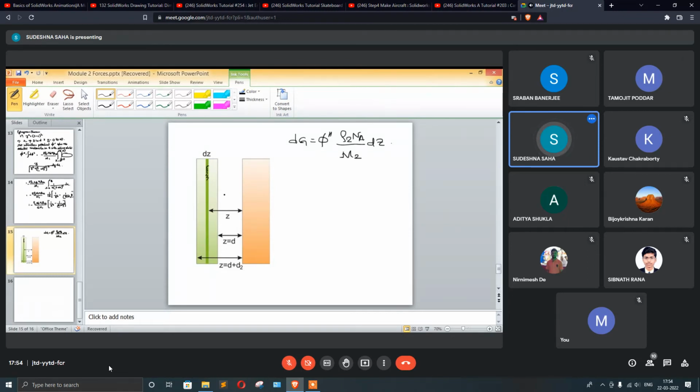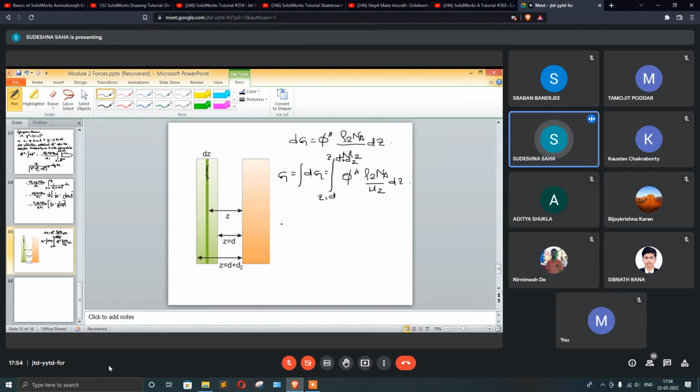Yes, ma'am. So we can write g equals the integration of dg, starting from z equals d to z equals d plus d2, of phi double prime rho 2 Na divided by m2 into dz.